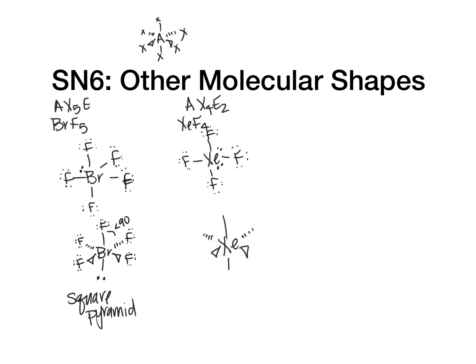So we could put them on this axis, or this axis, or this axis, as long as they are 180 degrees apart. So I'm going to put them on the green axis, although it is indistinguishable from the other 2. So we have our lone pairs here, and our fluorines on the other.